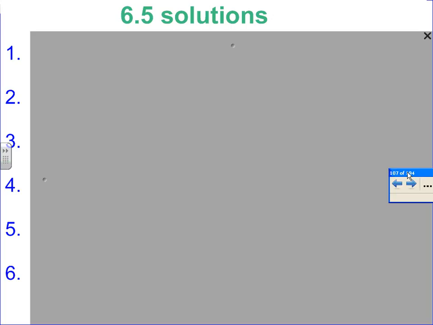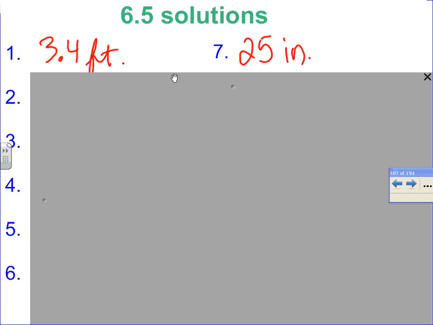Good, 3.4 feet. Number 2, Emma H. Good, 23.4 meters. Number 3, Justin. Good, 8 millimeters. Number 4, Doug. Good, 14.25 centimeters.